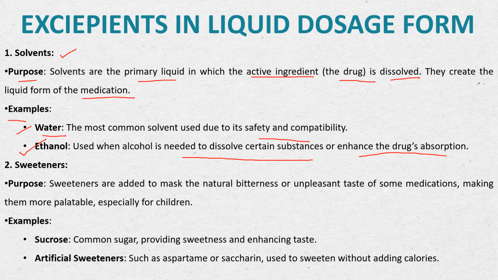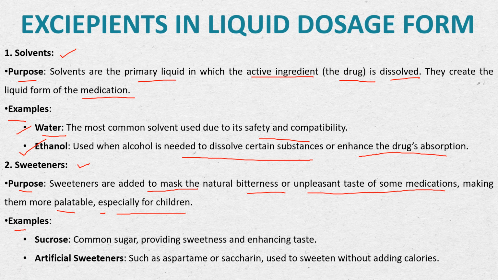Next is sweetener. What is the purpose of sweeteners? Sweeteners are added to mask the natural bitterness or unpleasant taste of some medications, making them more palatable, especially for children, and more convenient. For example, when we prescribe medication for children or elderly, they need more sweeteners in the medication because they need more manageable medicines.